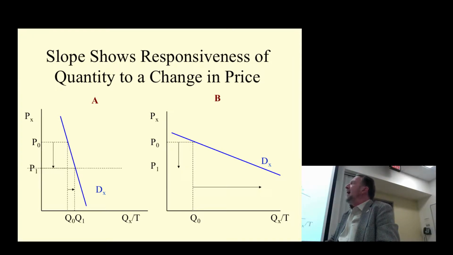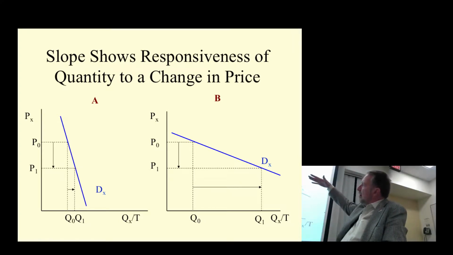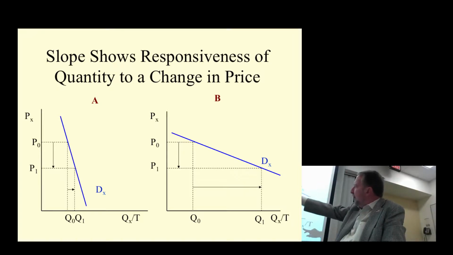In the case of A, price goes down, and there's some increase in quantity. But because this is a flatter curve, the same price decrease brings forth a much bigger increase in quantity. So your summary statement about slope would be the flatter the curve, the more responsive the function.